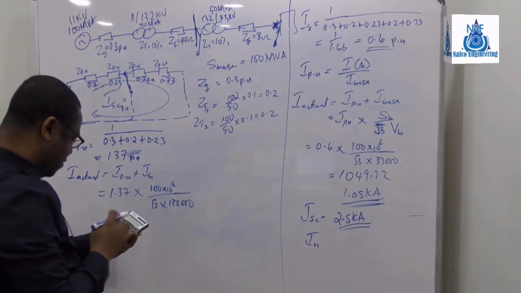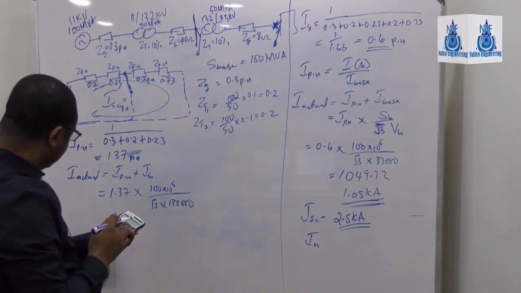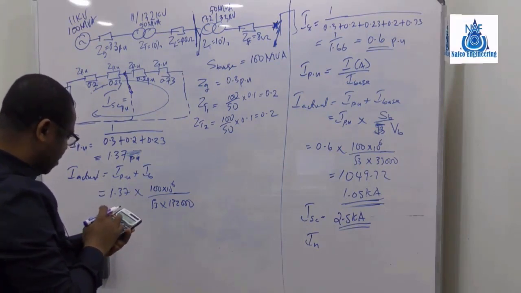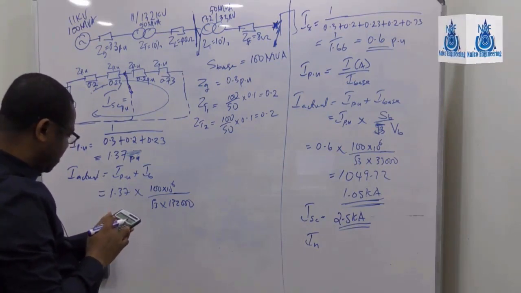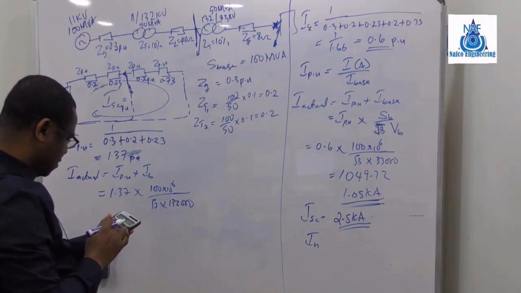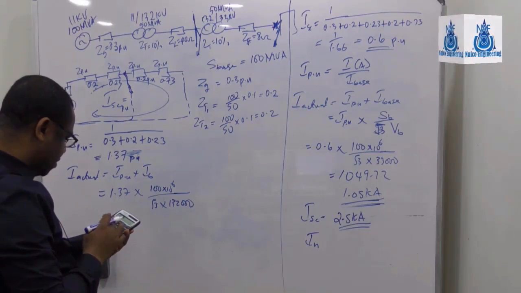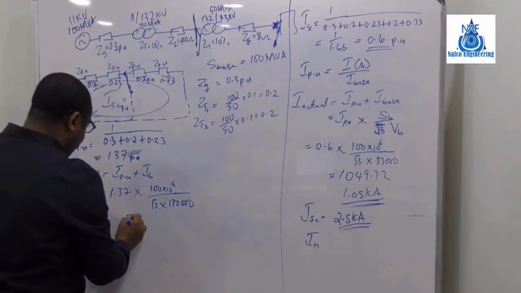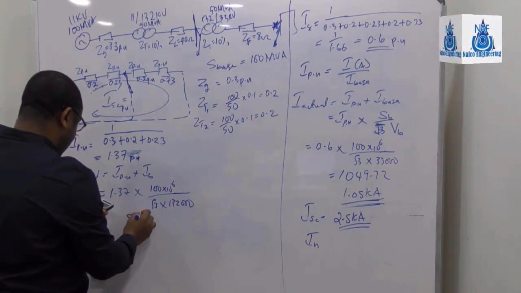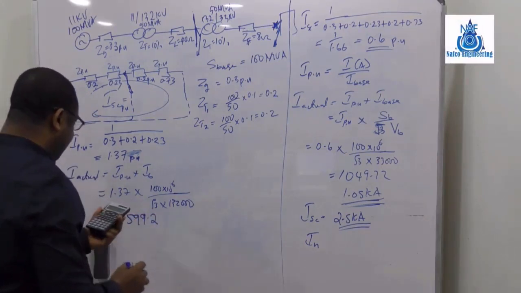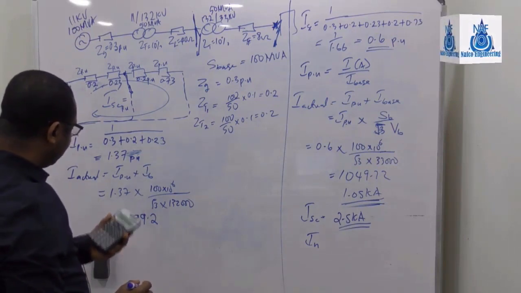So I have 1.37 times 100 times 10 to the power 6, divided by root 3, divided by 132,000. You get 599.2 amps.